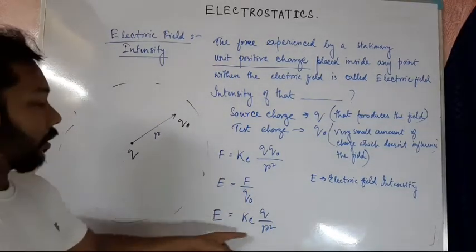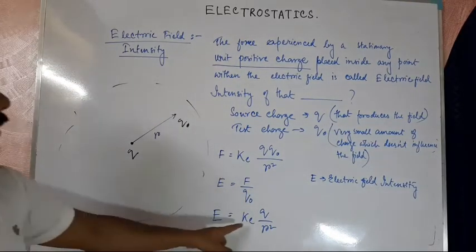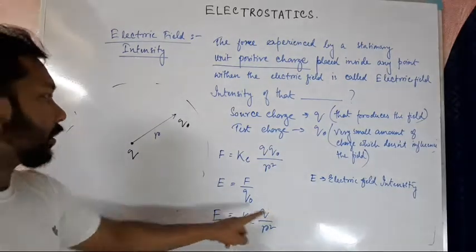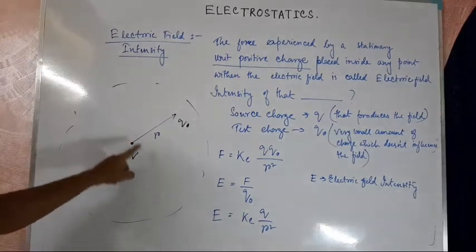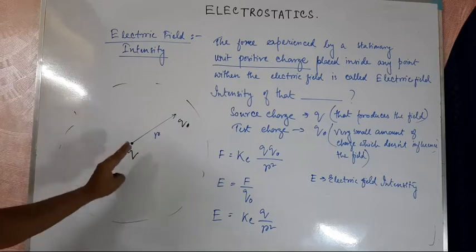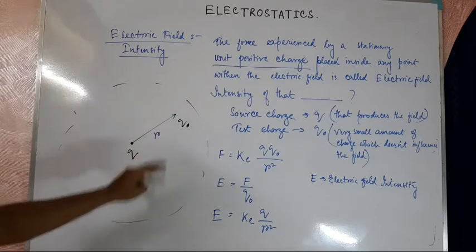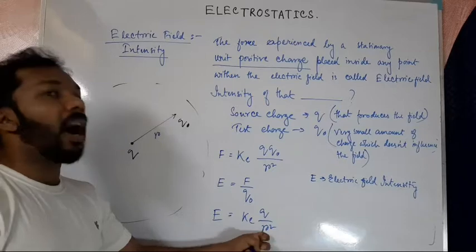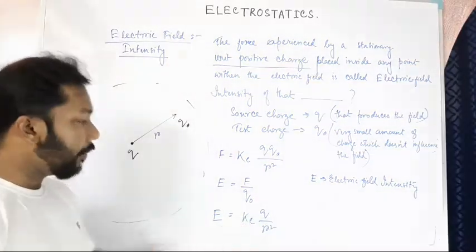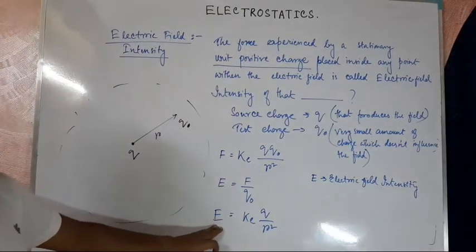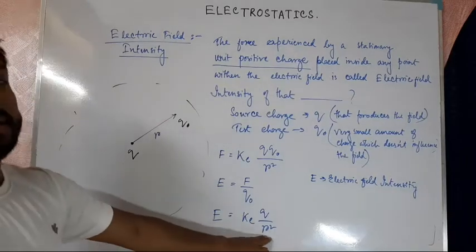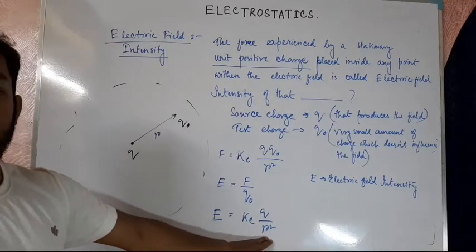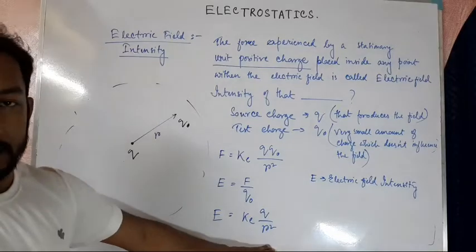In this expression, Coulomb's constant is a constant, and the source charge we have to keep constant or unchanged in order to have that particular field. So the only variable is R. That means the electric field must vary with R only, that means the position vector.